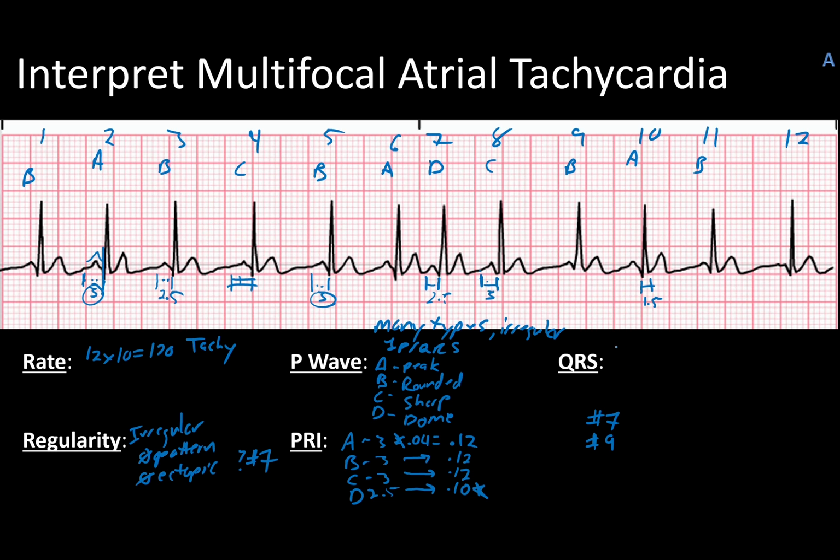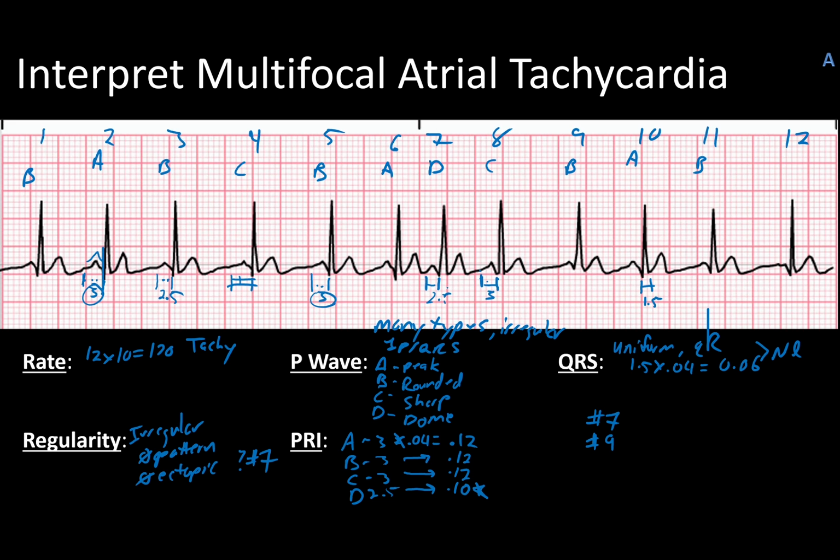And so they're essentially uniform. They have a small QR pattern, and it's right at 1.5. And so that is normal.